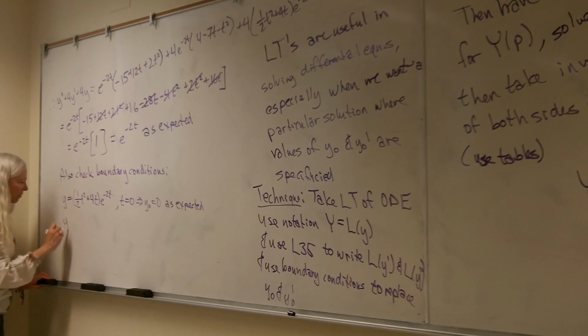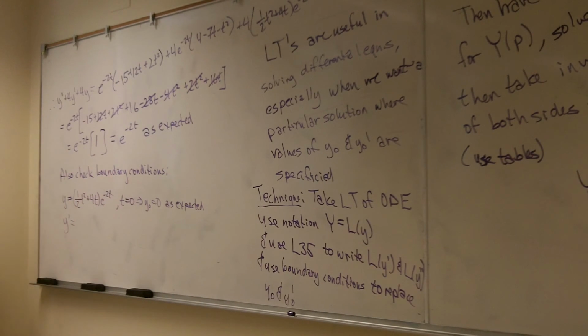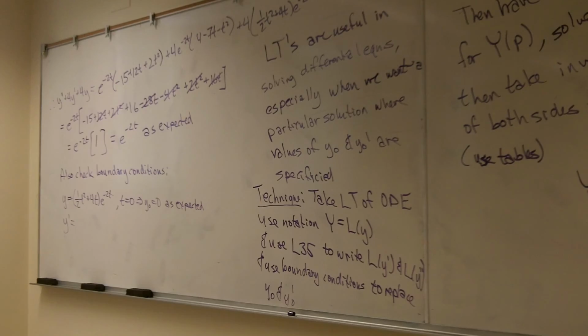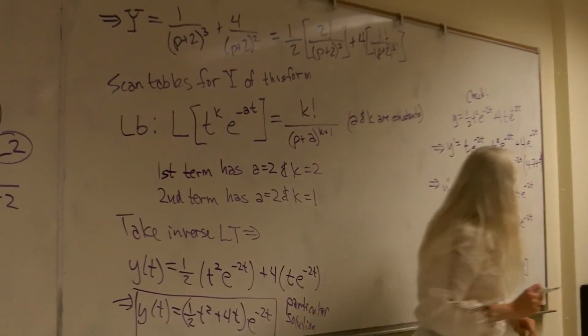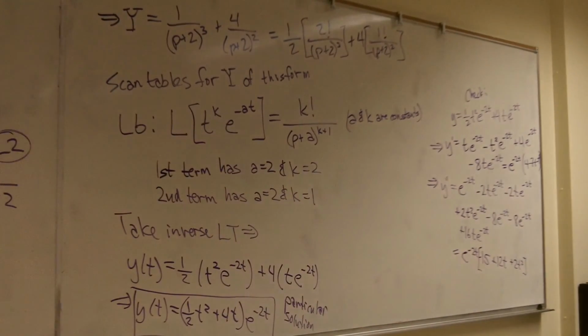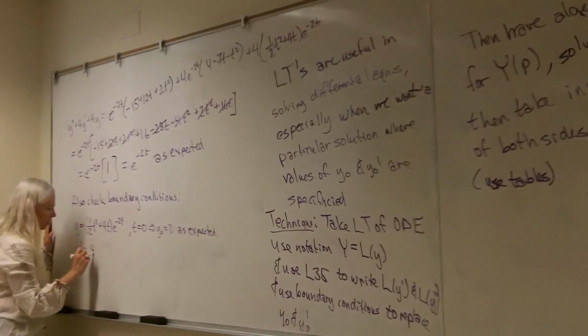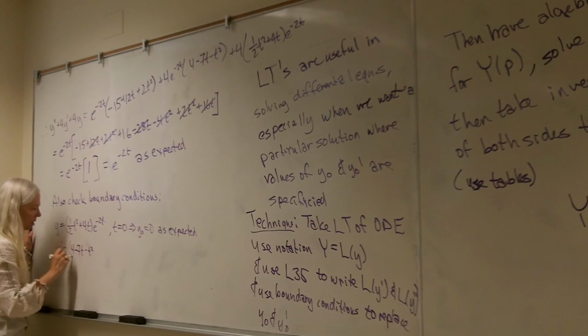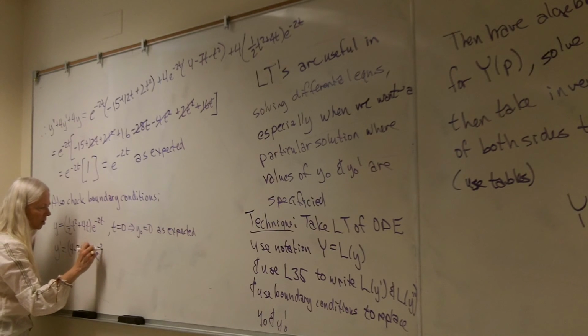We can also verify that our other boundary condition works. Our other boundary condition was on y prime. The expression we got for y prime right here, 4 minus 17 minus t squared, all times e to the minus 2t.